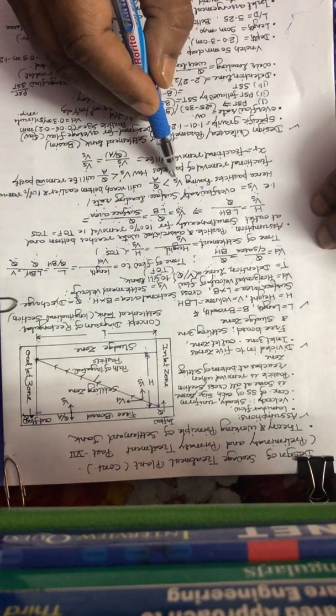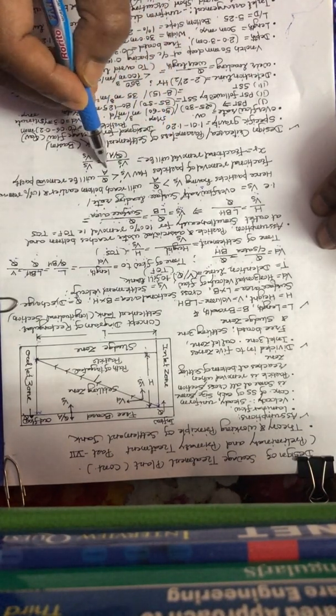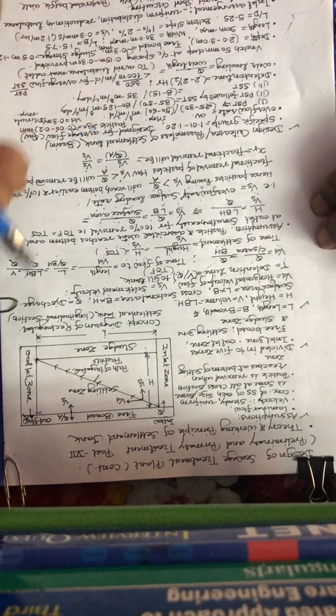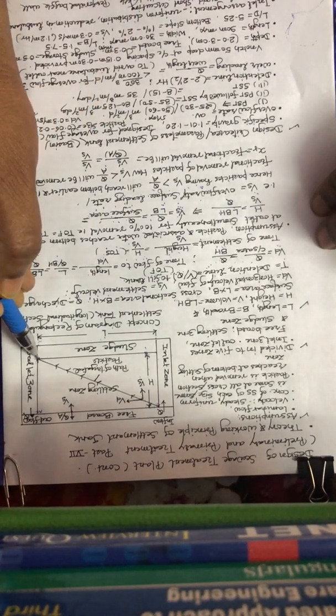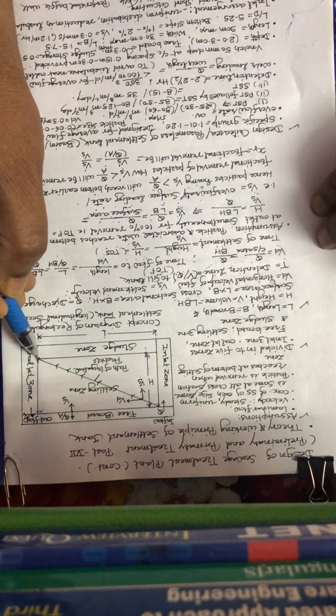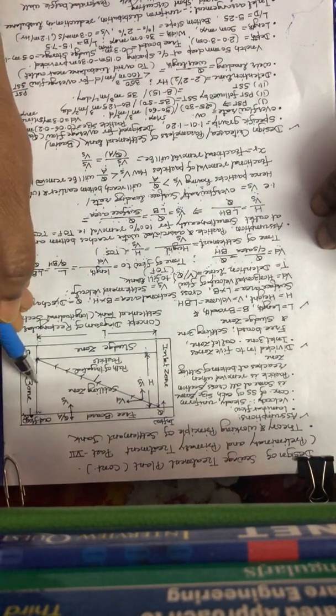And the particles for which the Vs is less than Q upon A, those particles will not come here. When the water particle associated with that reaches here, they will come somewhere here, so they are partly removed.